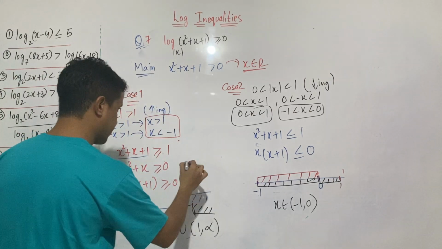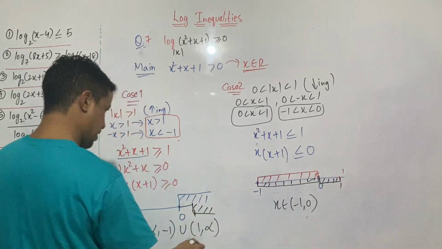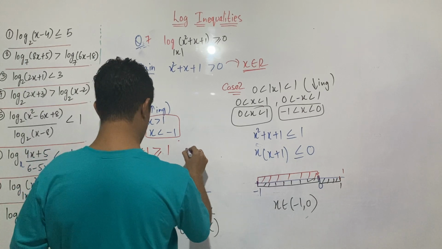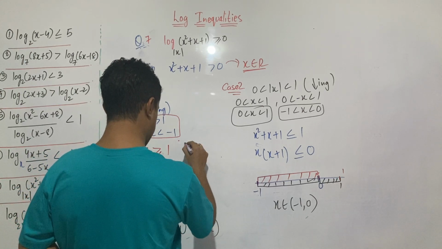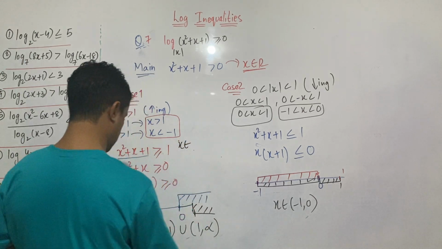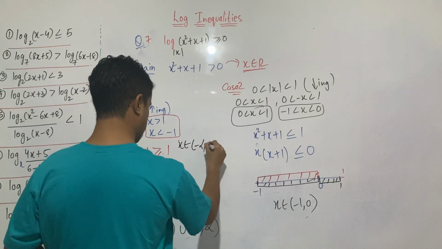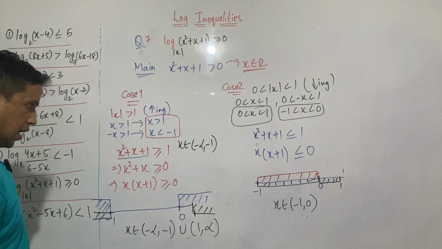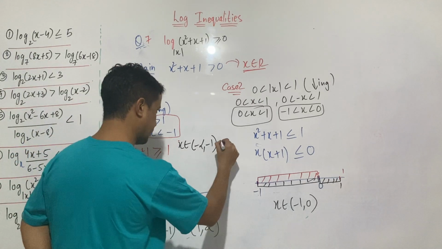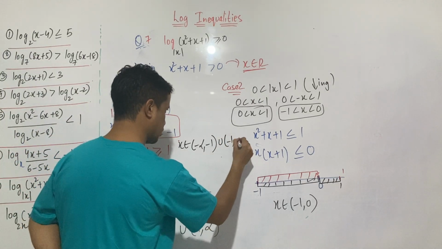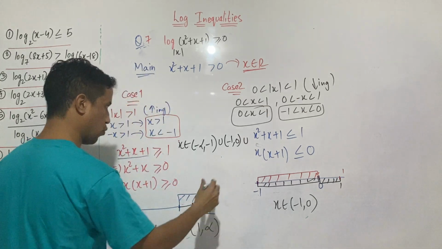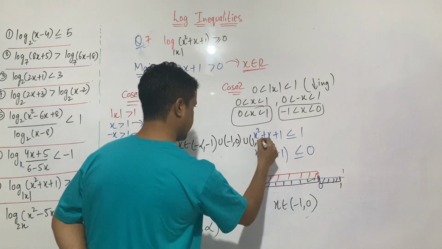So x belongs to minus infinity to minus 1, union minus 1 to 0, union 1 to infinity.